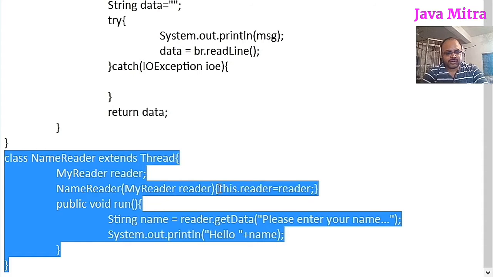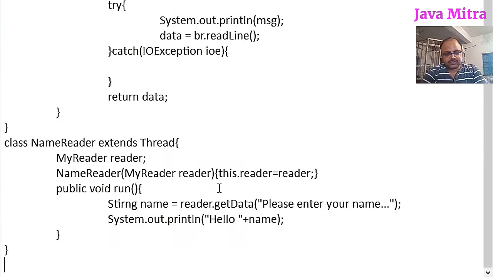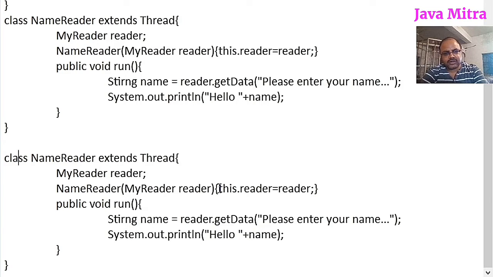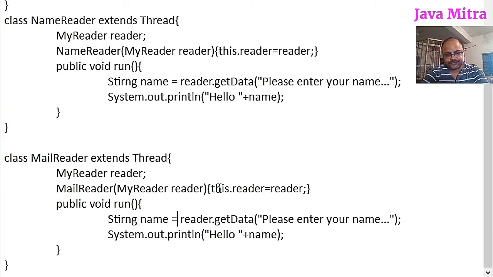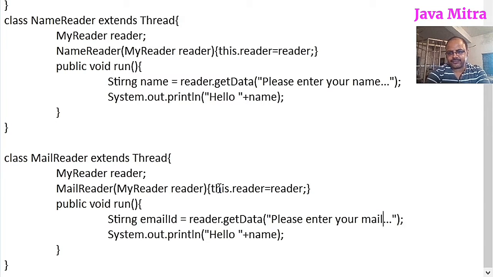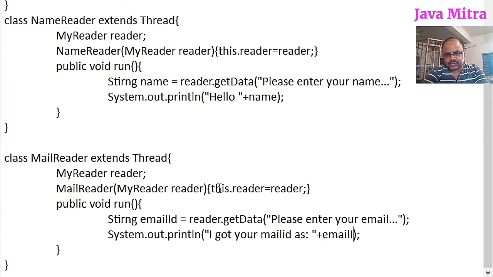And now I copy the same code and make a new thread for taking mail, and the name is MailReader, the constructor is MailReader, and in the run method I am changing the variable name, and instead of please enter your name, please enter your mail ID, email, and just display I got your mail ID as email ID.